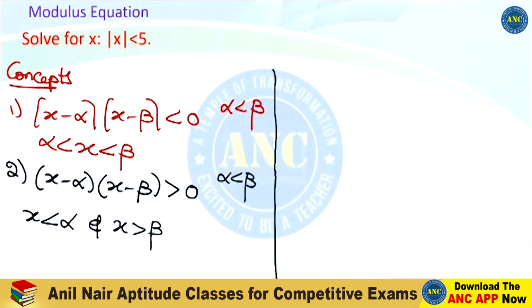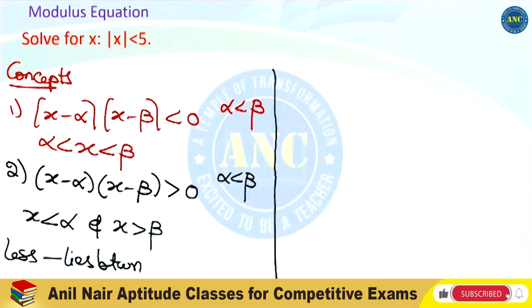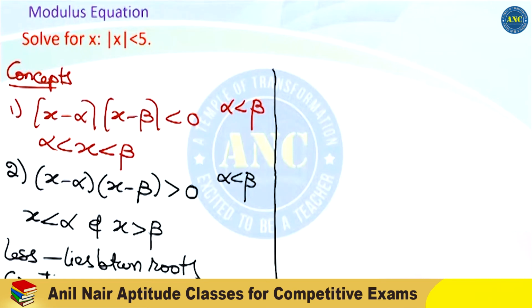Less than means in a quadratic expression it lies between the roots. If there is a greater than symbol, it does not lie between the roots.